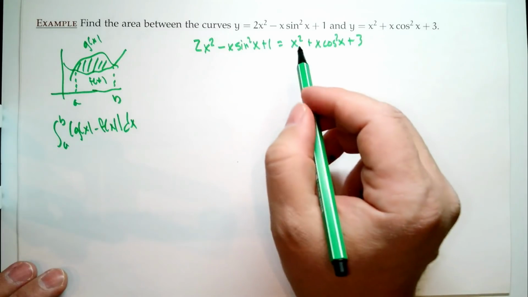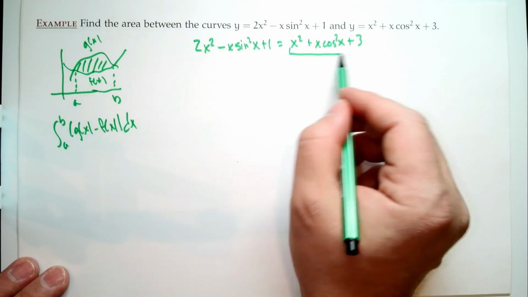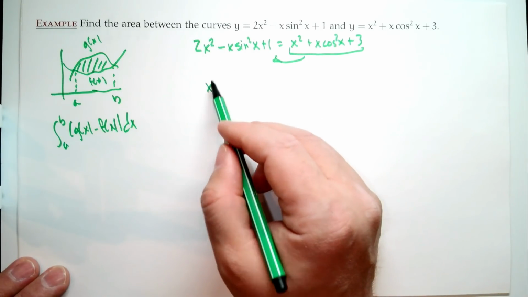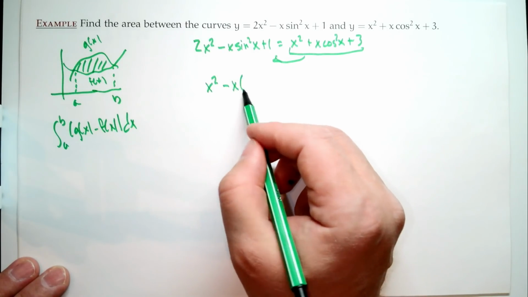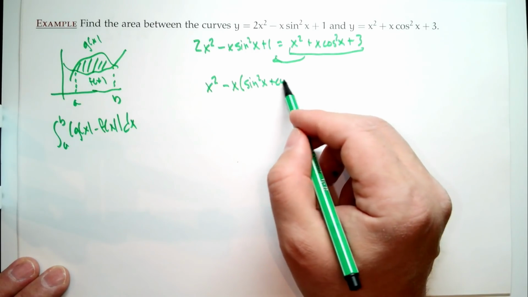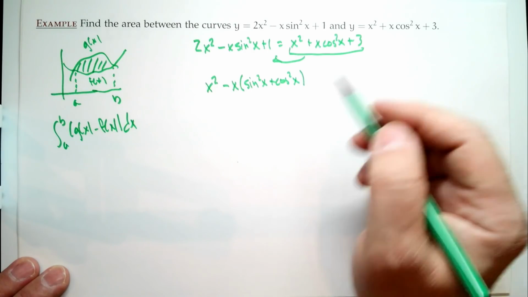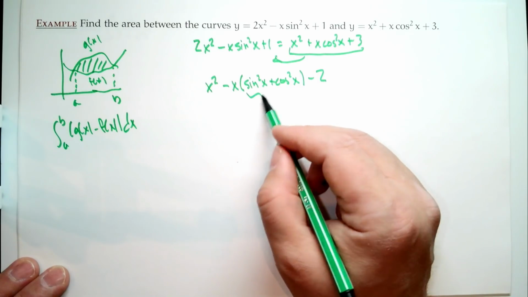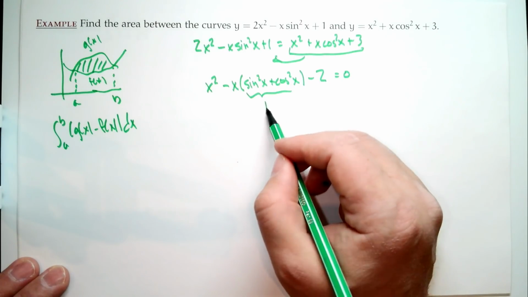Well, we have to do something. Okay, move everything across, and what do you get? 2x squared subtract x squared, that's x squared, minus x, and I'll go ahead and factor, there's an x, sine squared x, and there's also a cosine squared x, that was times by minus x, and plus 1 minus 3 is minus 2. Sine squared plus cosine squared is 1.